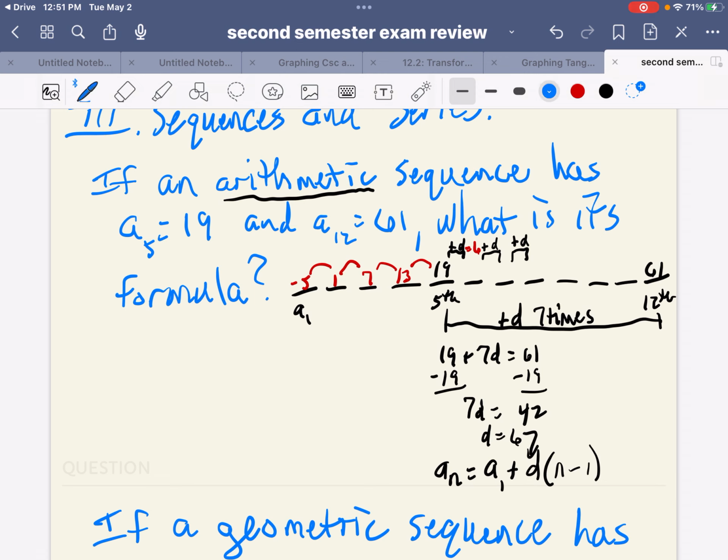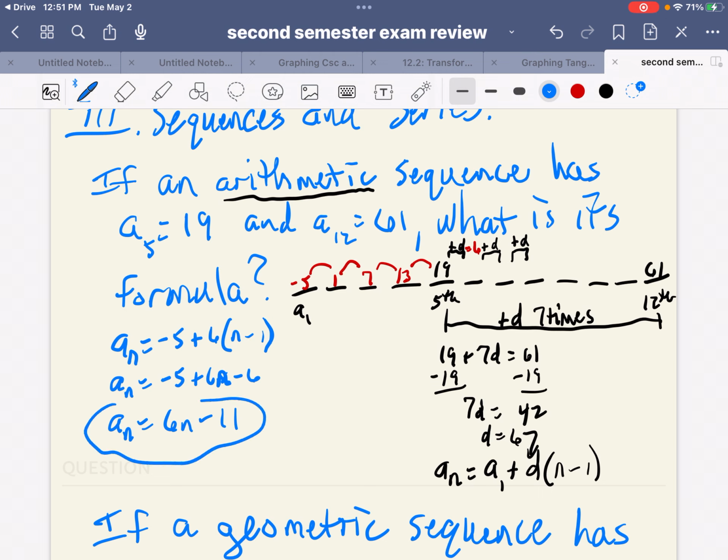So now A sub n equals the first term plus D times n minus 1. So now that's A sub n equals negative 5 plus 6n minus 6. So would that be A sub n equals 6n minus 11 is the answer.